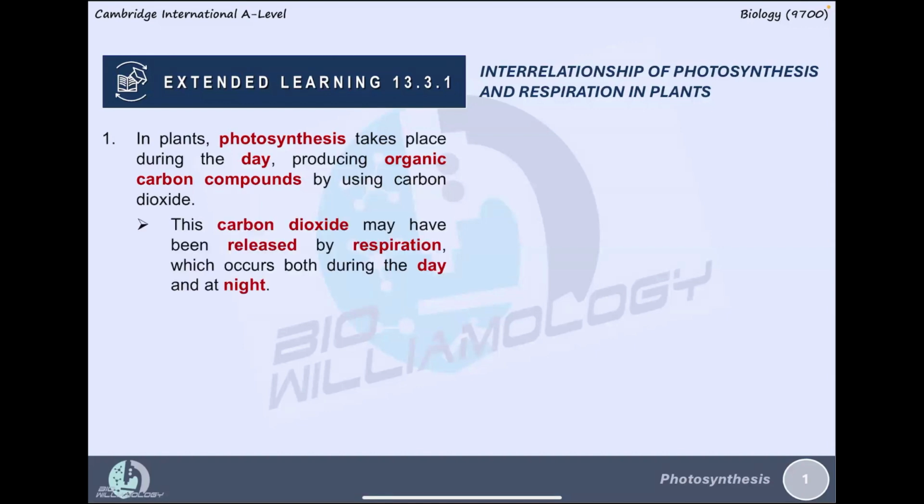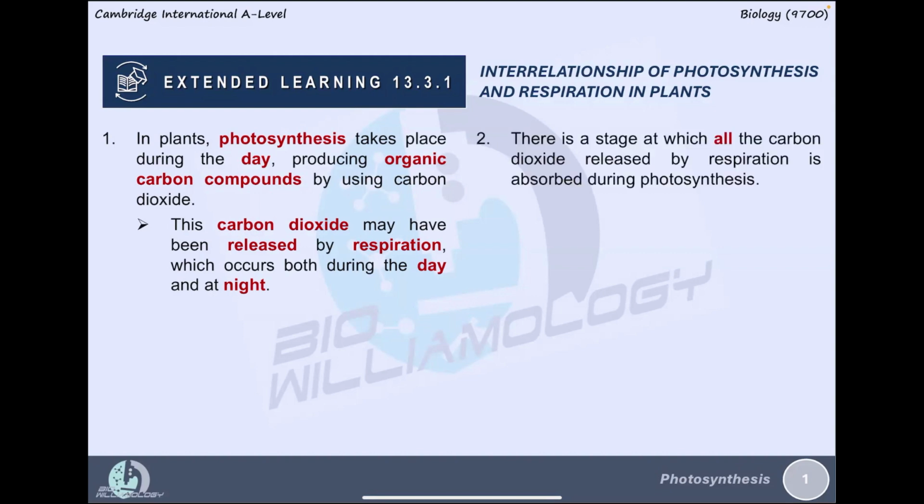This CO2 may have been released by respiration, or more precisely aerobic respiration, which occurs both during the day and night. And we do know that during aerobic respiration, there is a net release of CO2, or carbon dioxide.